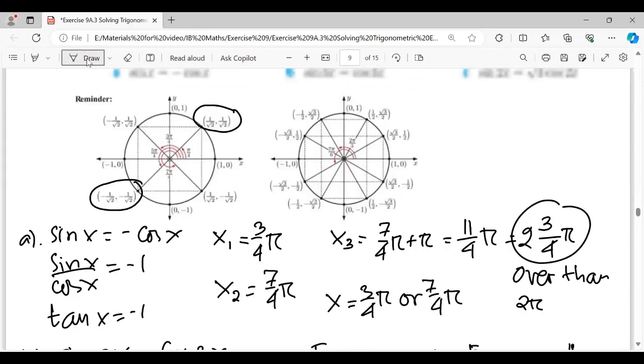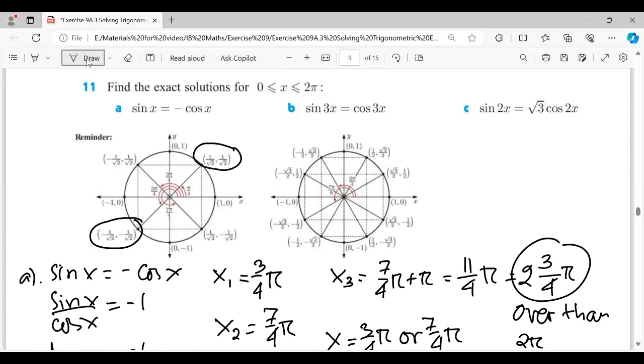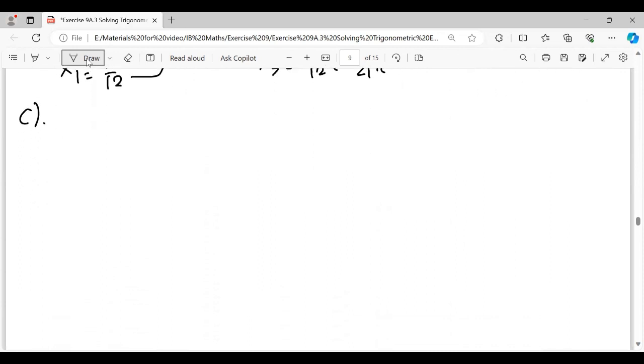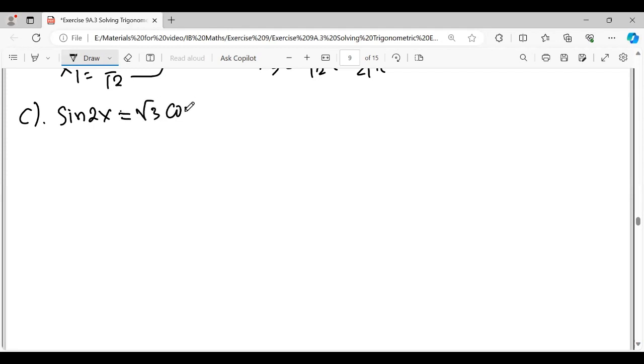The question is sine 2x equals square root 3 cosine 2x. Okay. Sine 2x equals square root 3 cosine 2x.